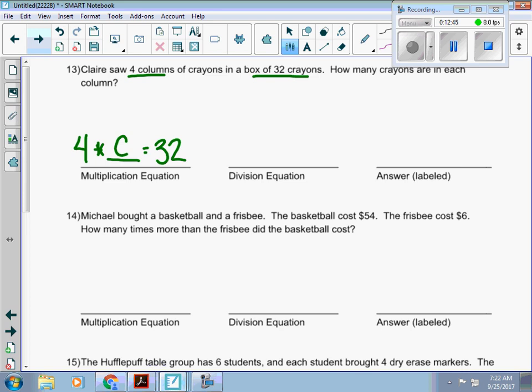To make it a division equation, I just rearrange my fact family. 32 divided by 4 equaled some number of crayons. And I know that fact. If I didn't know my fact, I would be using a strategy to figure it out. And I got 8 crayons.